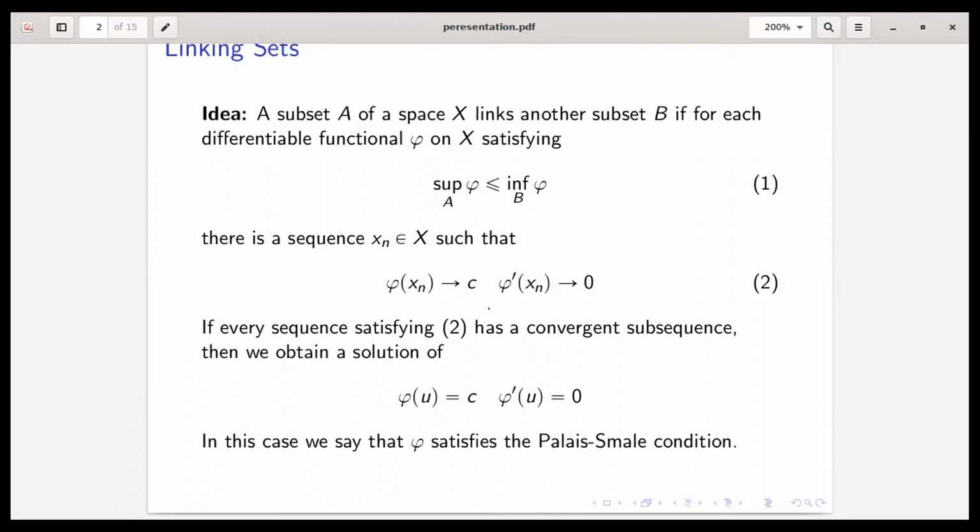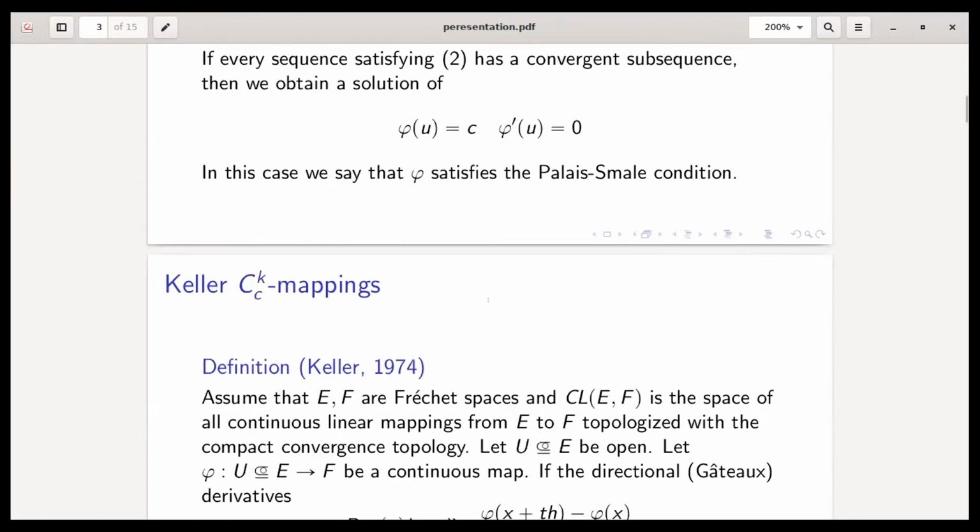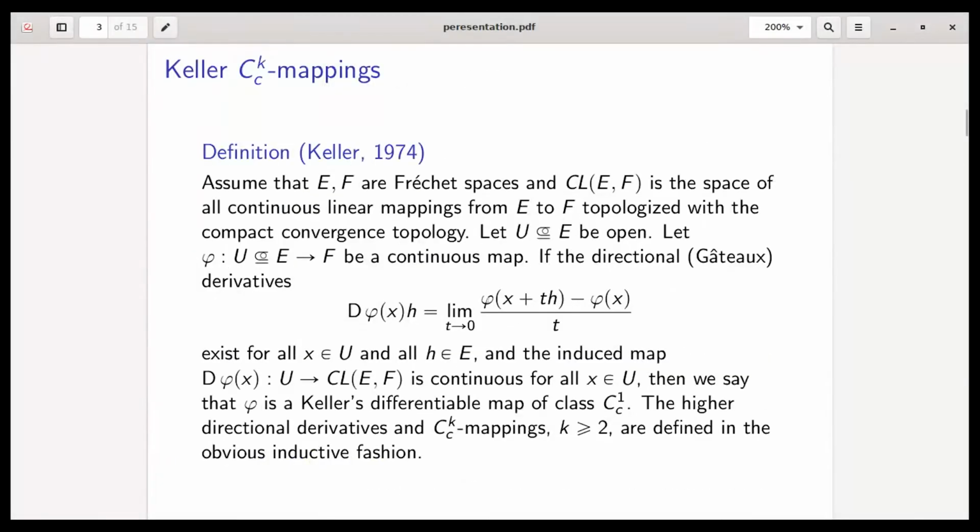So far this theory has been very well developed for the case of Hilbert and Banach spaces and manifolds, and we want to try to extend it to the more general case of Fréchet manifolds.